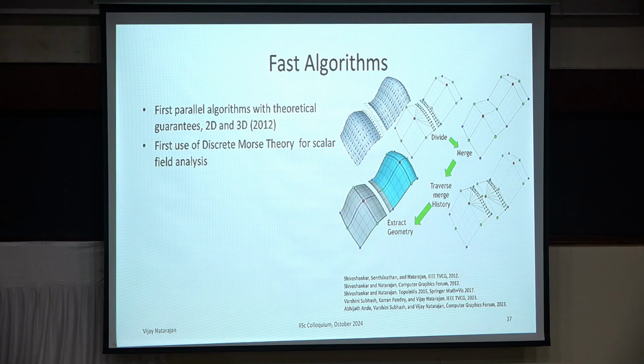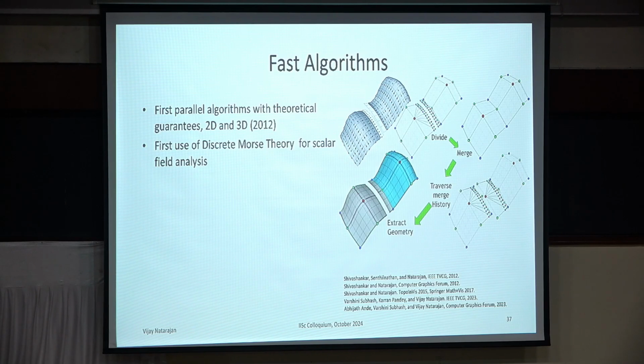So, the typical pipeline for computing the Morse-Smale complex was this: from the top left, you take the domain, you partition it into pieces, and compute the Morse complex on each partition, and on the boundary you populate all the cells by artificially tagging them as critical.